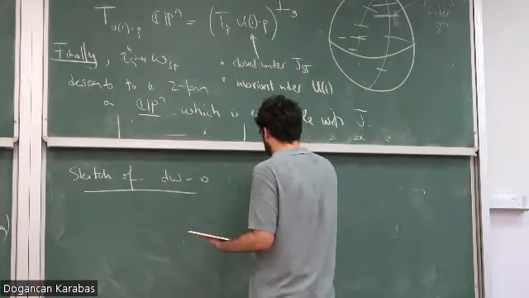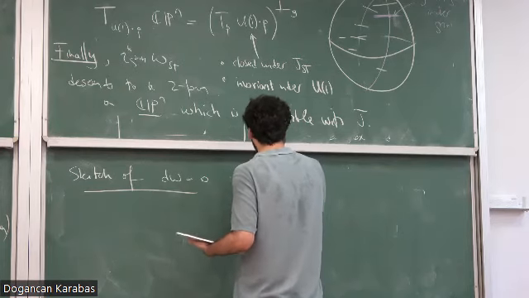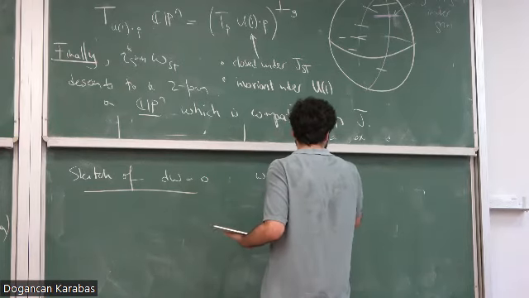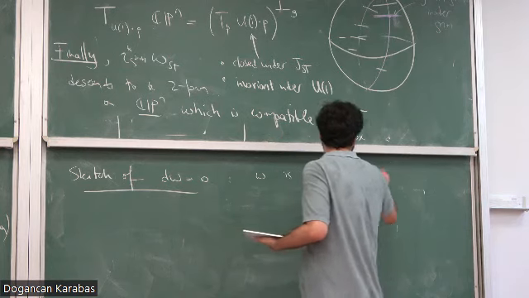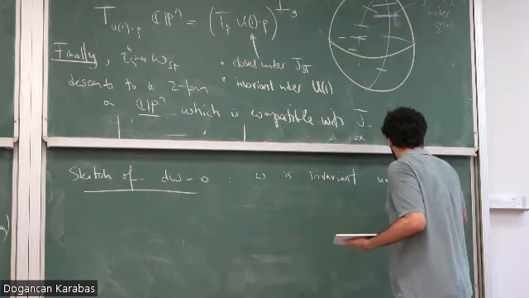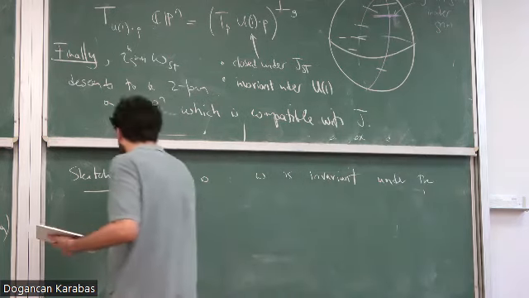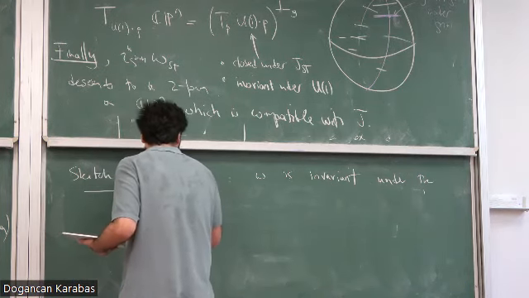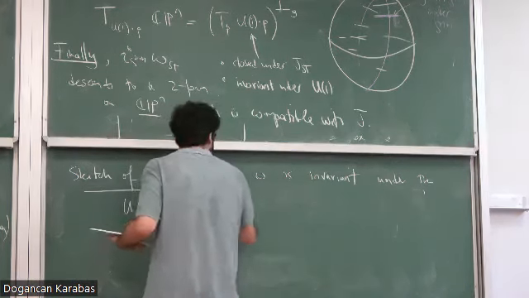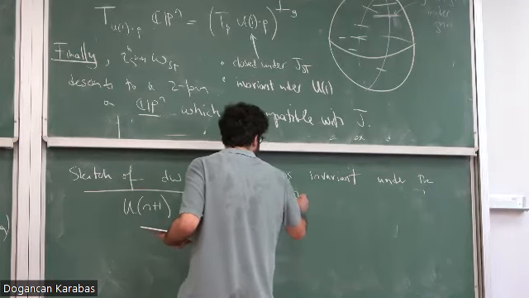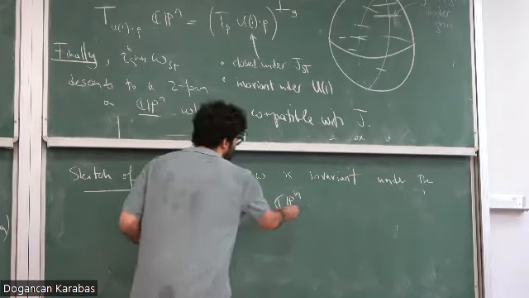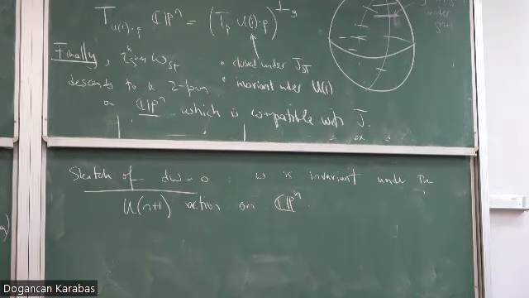So this omega is invariant under the U_{N+1} action on CP^N. If you want underline, if you don't want underline, it's okay. So why is that?